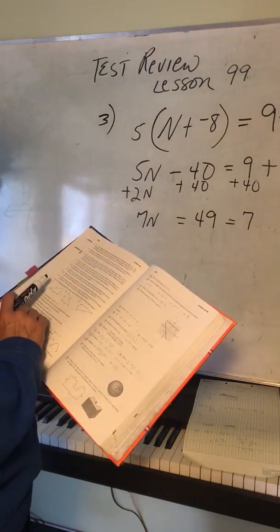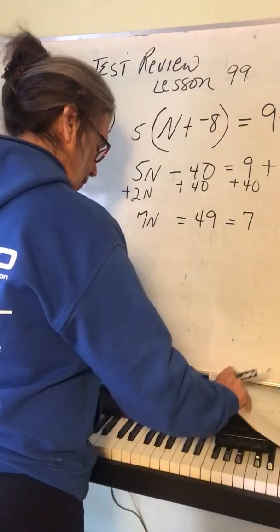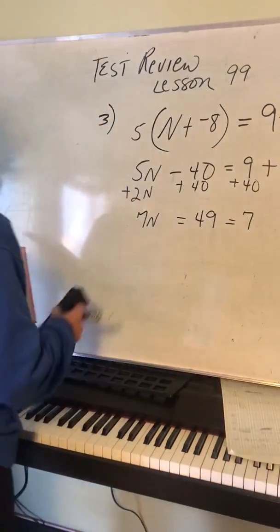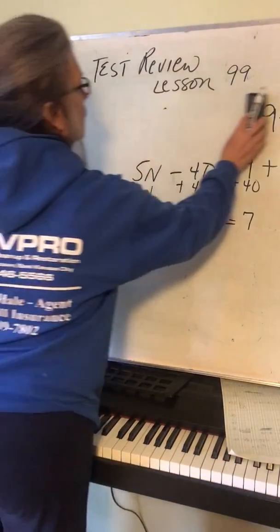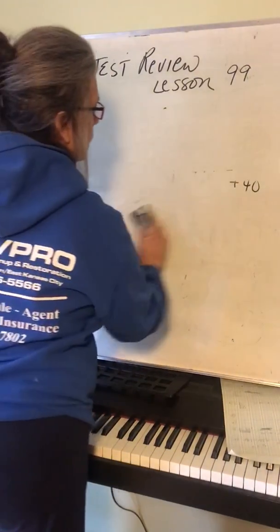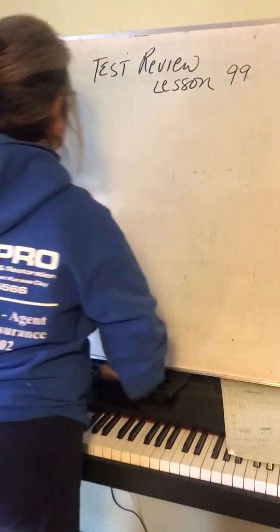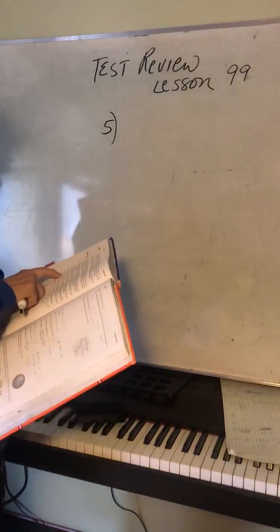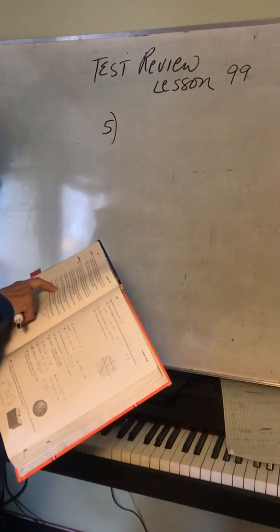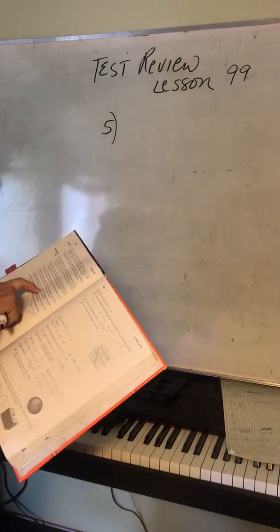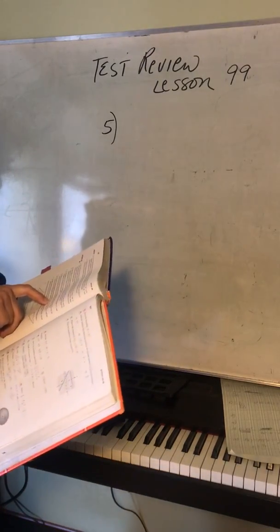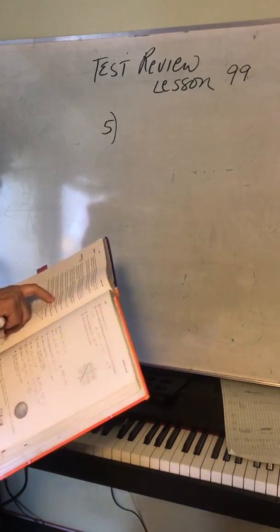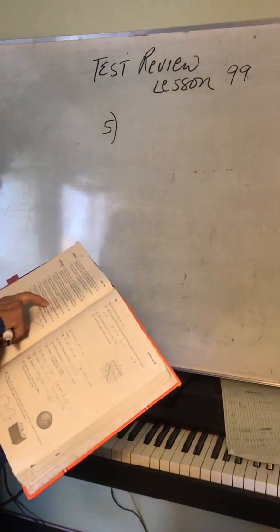Okay, let's look at number 5. It's a word problem also. Number 5 says, when the nurse gave the shots, she noticed that 34% of the people winced and the rest were stolid.